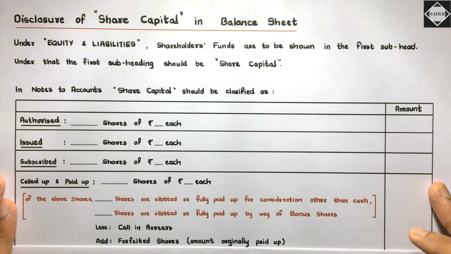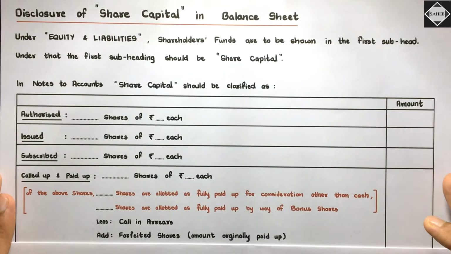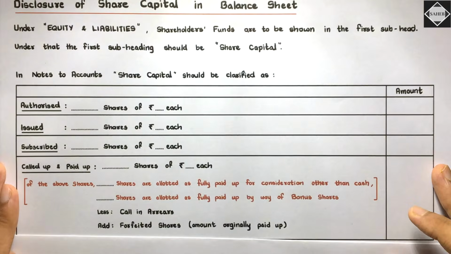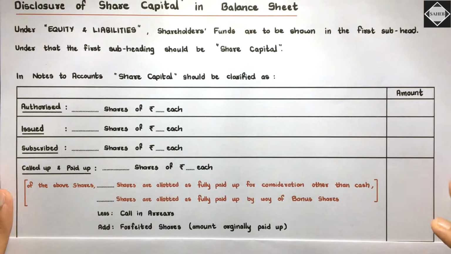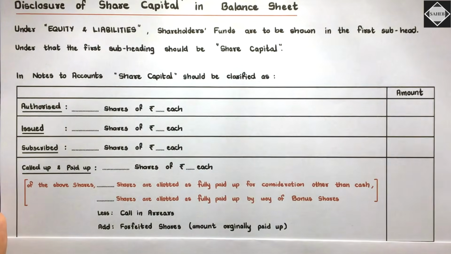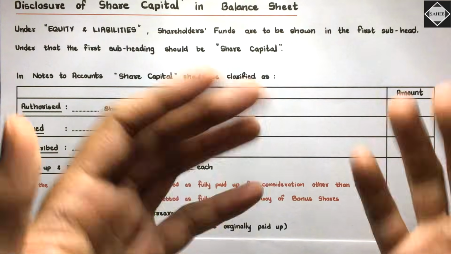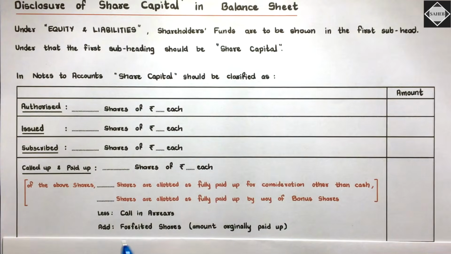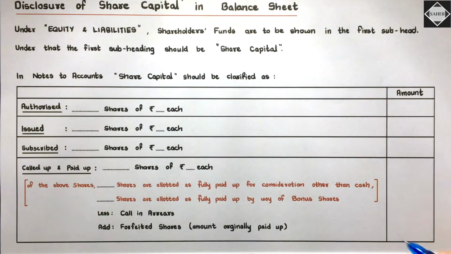So that you have to subtract, and whatever shares that we have forfeited, this also we'll study in the coming videos. Forfeited shares means the shares we have cancelled because the shareholders are not paying us the money. So that we have to add over here, amount originally paid up. Okay, and then we will get this amount, called up and paid up amount. Is that clear? So this is the presentation that we have to do in the balance sheet.